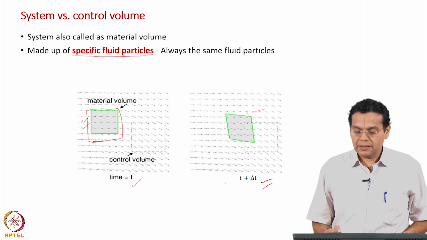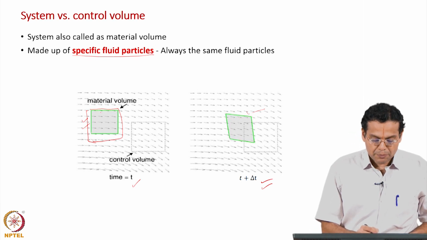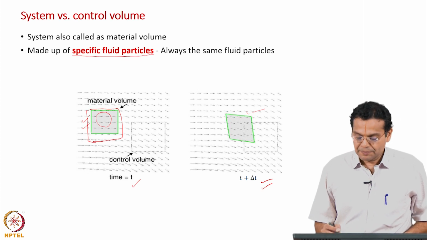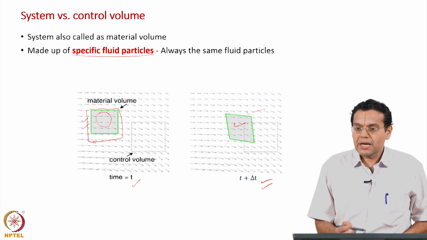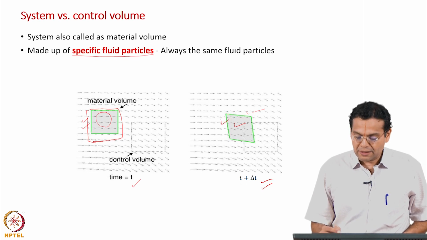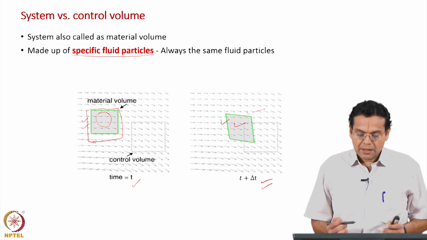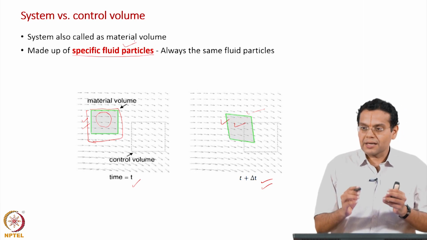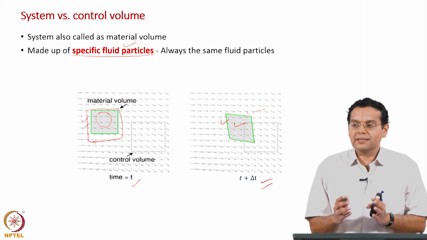What is common between these two is that the particles which constitute the material volume or the system are the same. Based on the fluid flow, it has undergone some change in shape, etc. But to repeat again, it is made up of specific fluid particles. You color a set of fluid particles and keep tracking them.